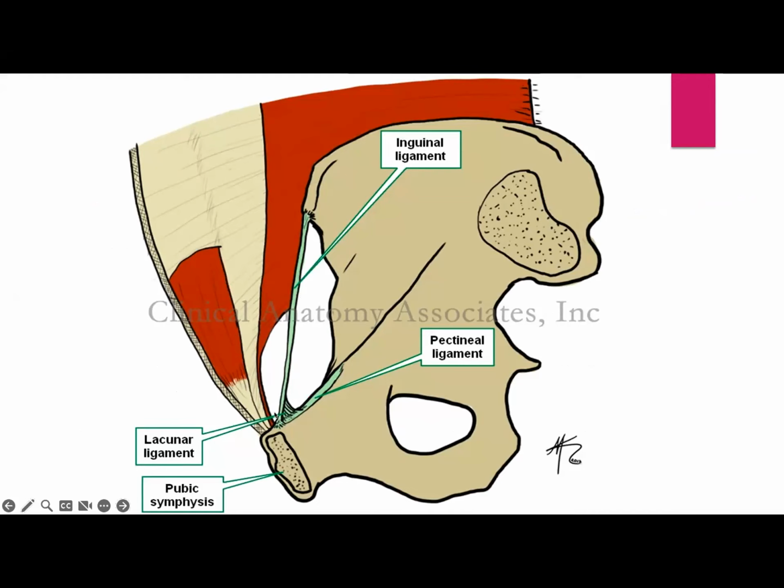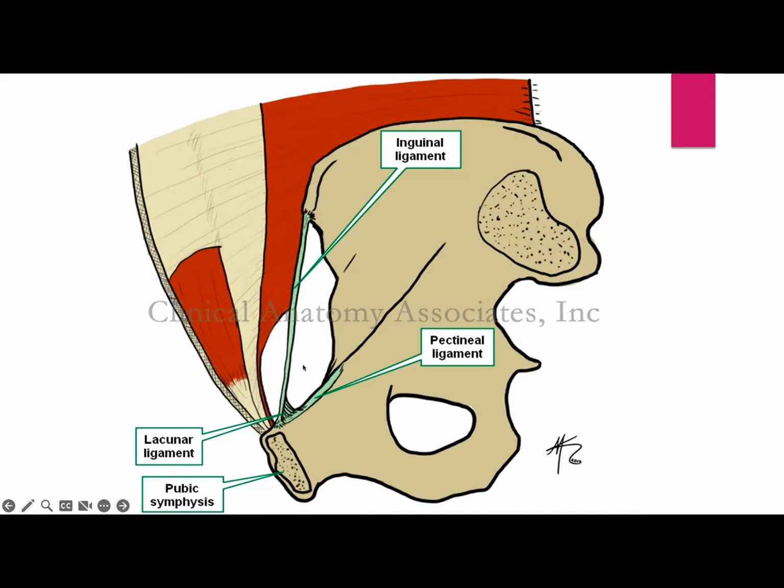Okay. So the femoral hernias would be over here. As you can see, the inguinal ligament is going to form the superior border, and the lacunar ligament is going to form the medial border.